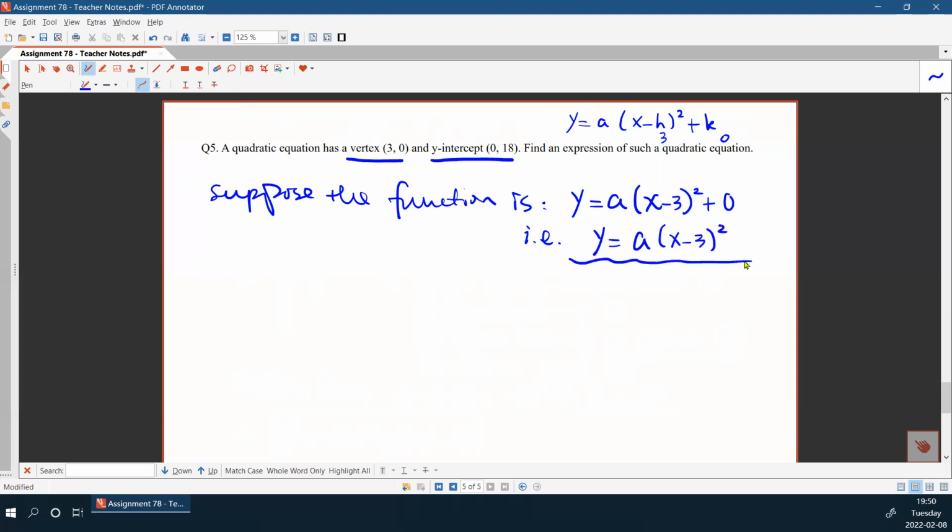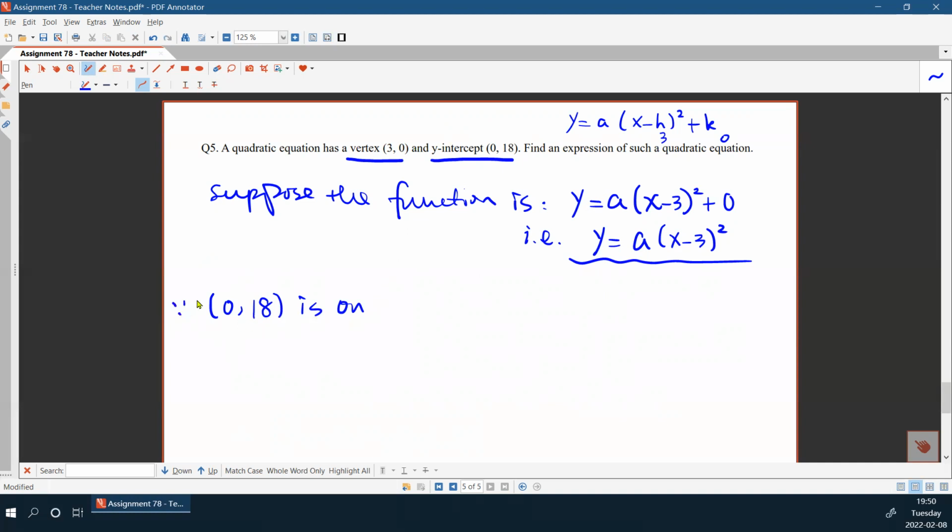And the task is to solve the value of a only. And to solve the value of a, we need to know a point on the curve, which is here, right? So basically, (0, 18) is on the curve because it's the y-intercept. The y-intercept must be a point on the curve, right?